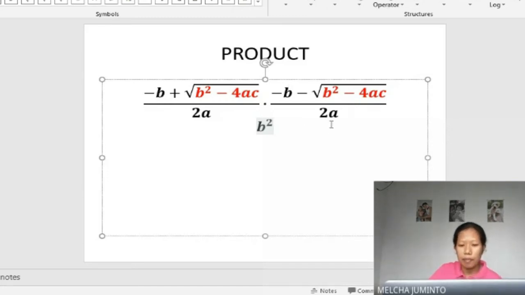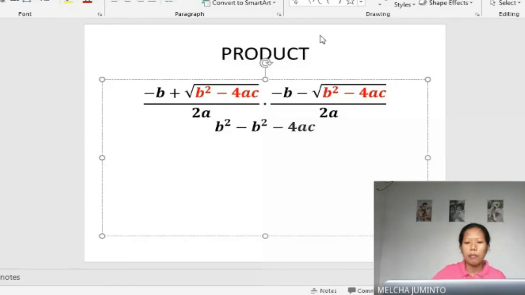Negative b times negative will be positive, and this one is negative, so 0. Proceed with the last terms. The signs are different, so minus. Multiplying the square roots, the answer will simply be the expression inside: b squared minus 4ac.